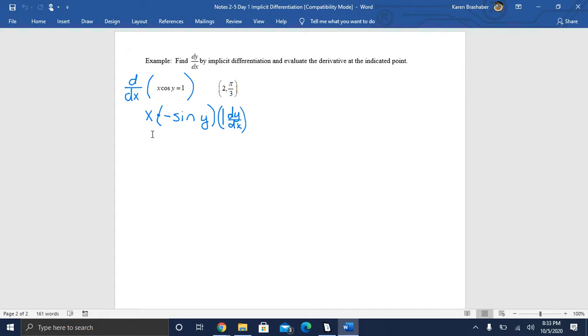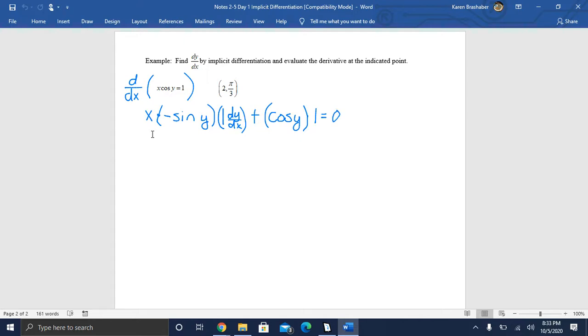All right, so that's first times derivative of the second, plus now second, which is cosine of y, times the derivative of the first, which is a 1. So we're taking cosine of y times 1, equals, and then the derivative of 1 is 0.